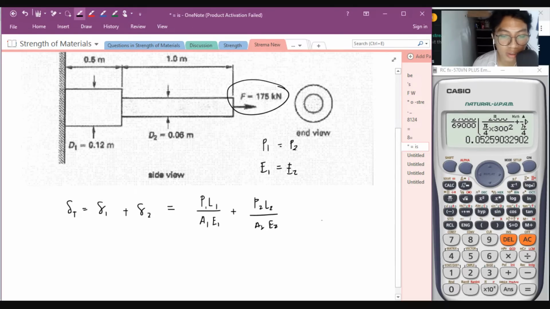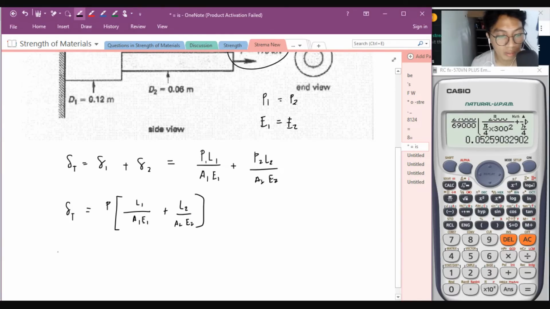Factor out na natin to. Same lang naman sila. So, elongation P, P1 and P2 equal lang naman yan, times L1 over A1 E1 plus L2 over A2 E2.